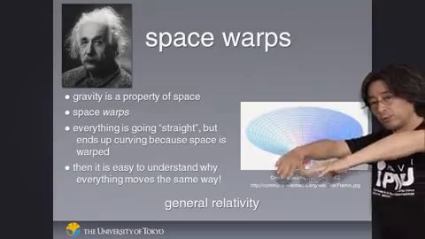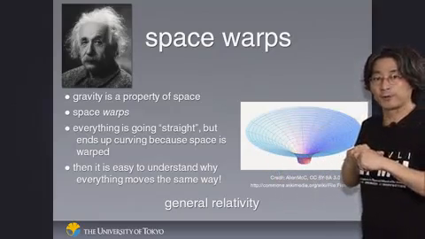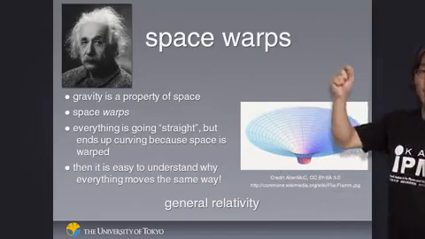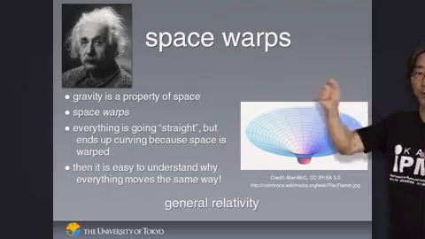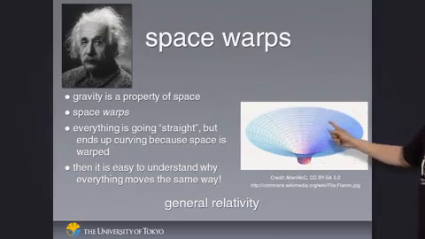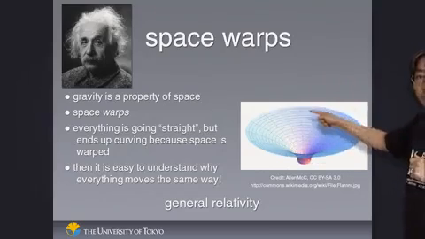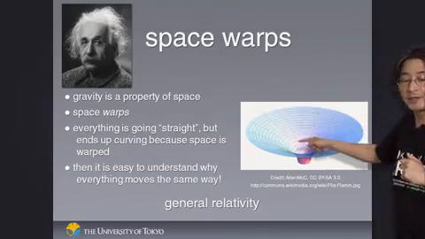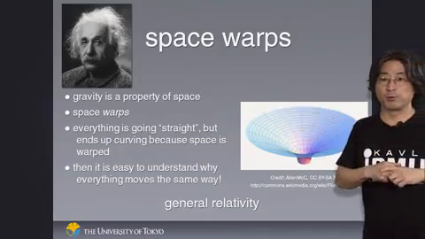It warps towards the center of the Earth. When you drop an object, every object thinks it's going along a straight line. But if the space itself is curved like this, and you think you're going straight, you end up actually curving like this, so you don't go straight anymore.